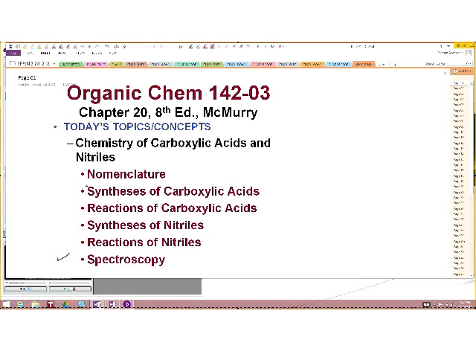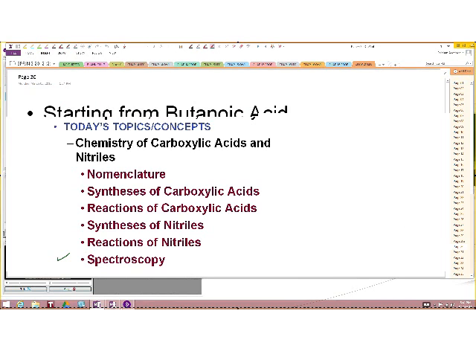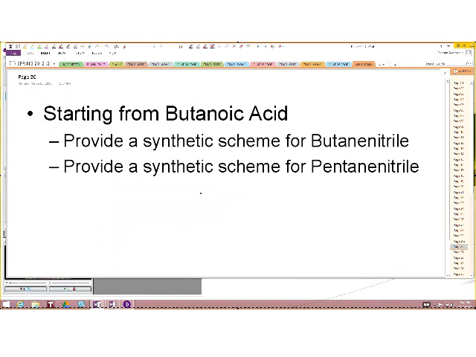So I want to give you an opportunity to refresh your memory with regard to spectroscopy. But before we do that, let us do a couple more problems.